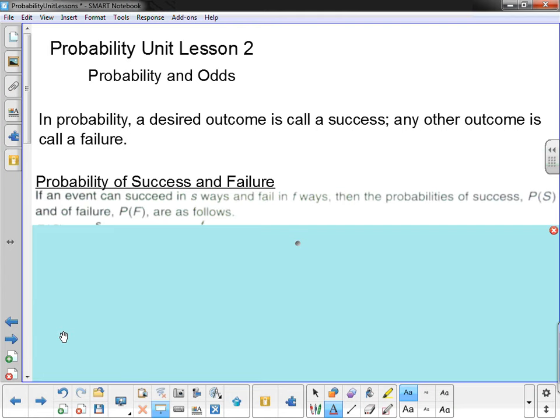If an event can succeed in S number of ways and fail in F number of ways, then the probabilities of success, P of S, and of failure, P of F, are as follows.